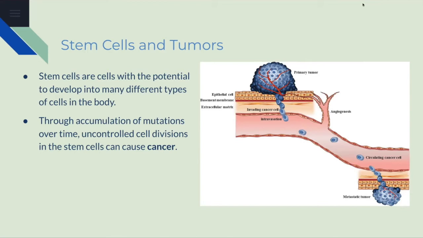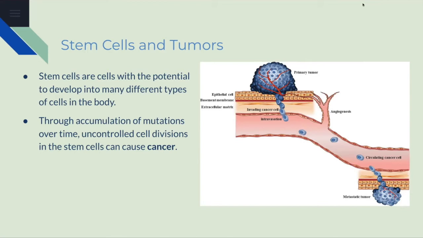So here in the picture, you see a primary tumor. That's where the mother cell decided to make bad cancerous babies. A benign tumor just stays there.